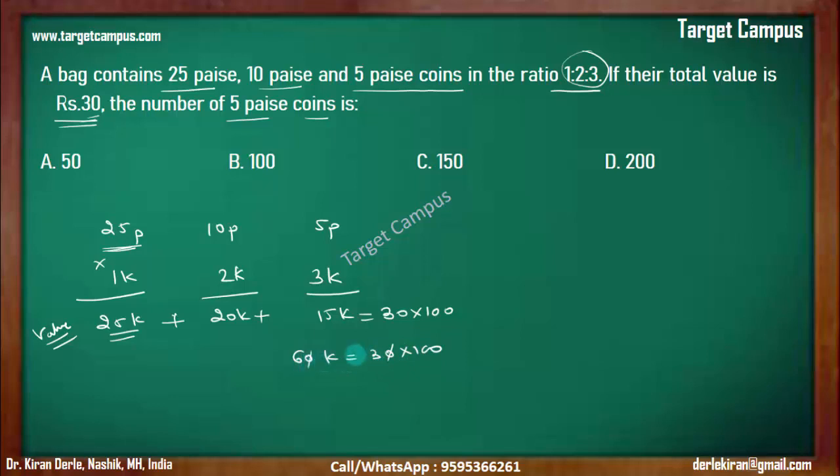So k is 50. What is asked? The number of 5 paise coins. The number of 5 paise coins is 3k, that is 3 into 50, so this becomes 150. I hope you have got this.